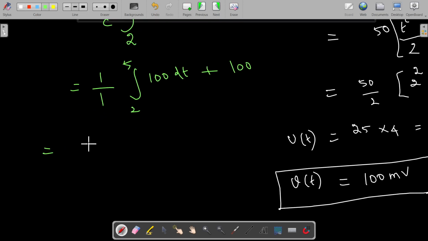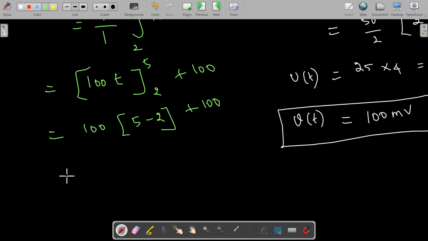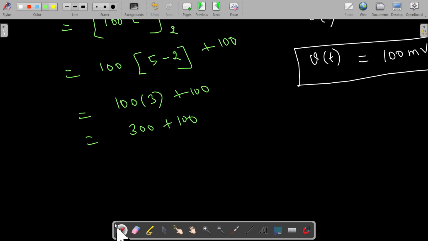So this is 100t with the limits 2 to 5 plus 100. So this is equal to 100 times t, which is 5 minus 2, when you apply the limits, plus 100. So it is 100 into 3 plus 100, so it is 300 plus 100, that is equal to 400.